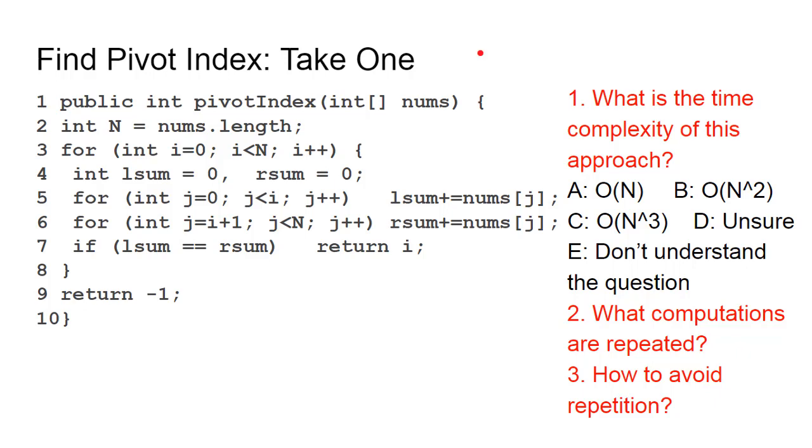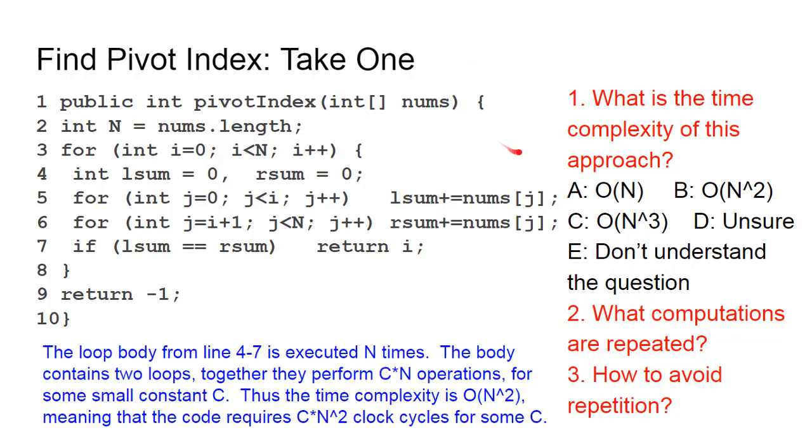The loop here from line 4 to 7 is executed n times, and this loop contains 2 separate loops. Together they will basically go through the n elements again.